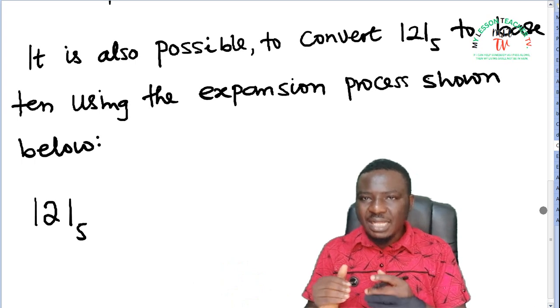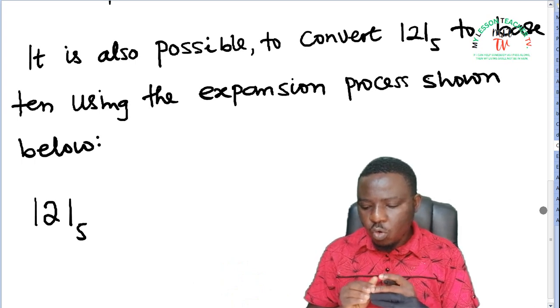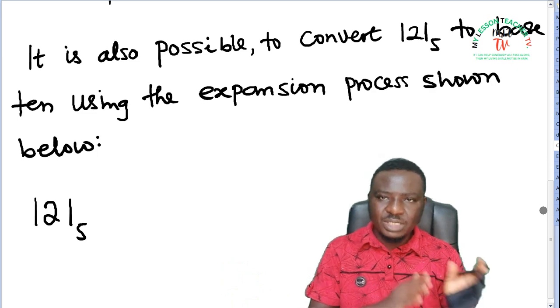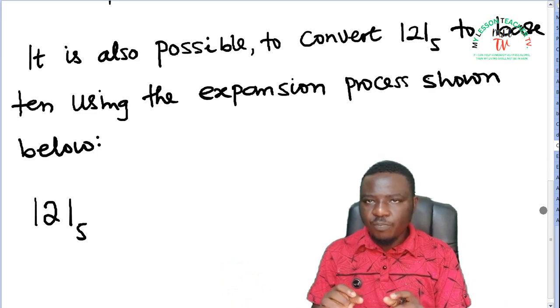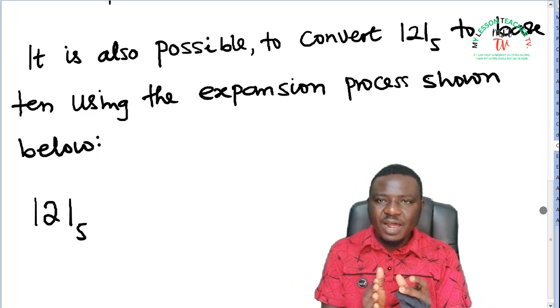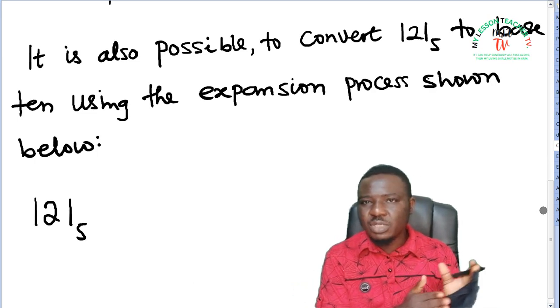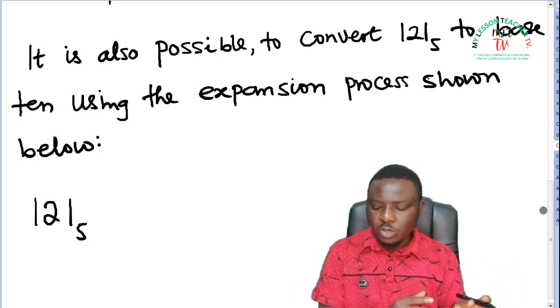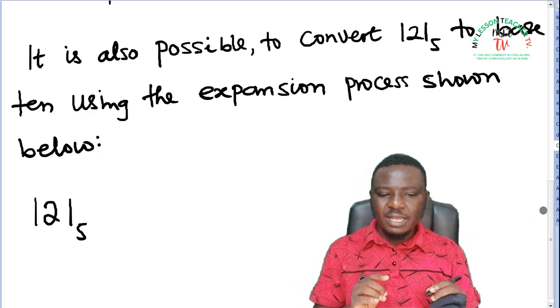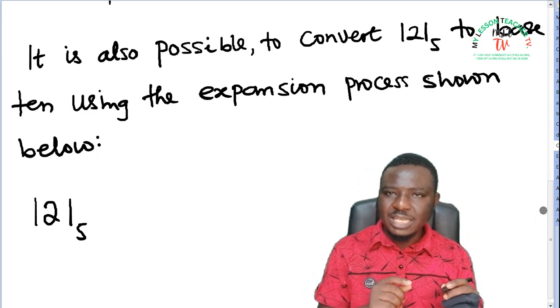So we shall be using that method to convert these numbers from the given bases to base 10. Now what you do is to first of all express it in expansion method. Thereafter, you then simplify and sum them together. It gives you its equivalent in base 10. So 121 in base 5 is equivalent to 36 in base 10.